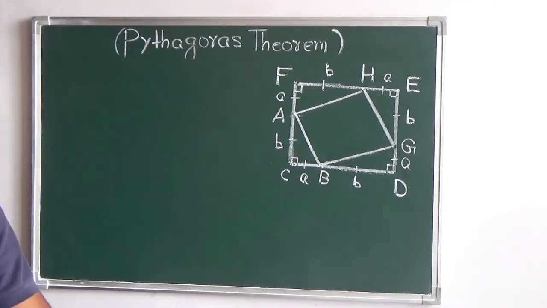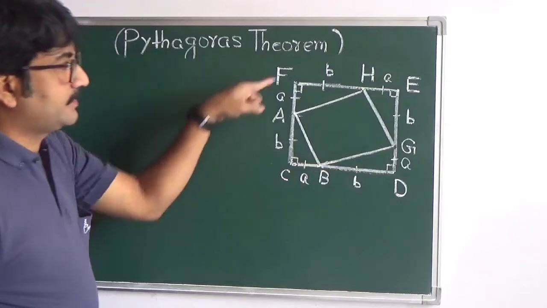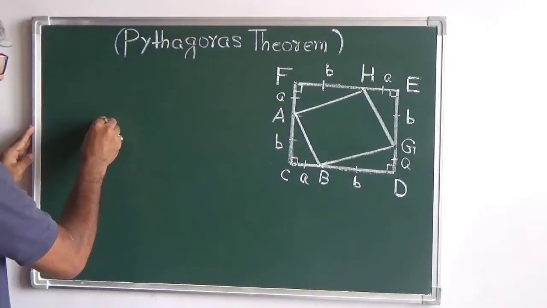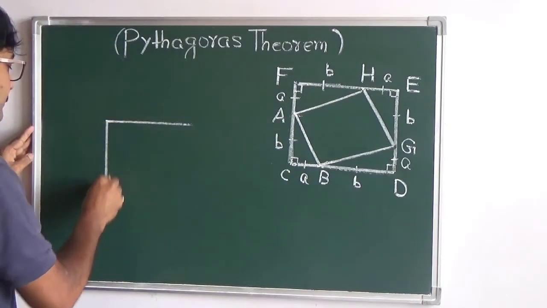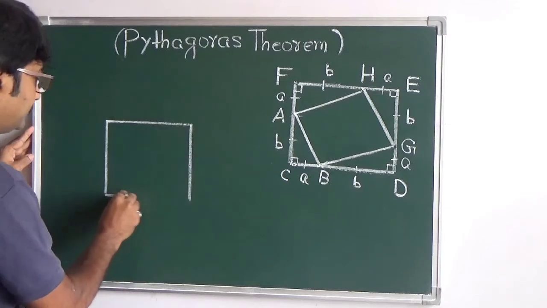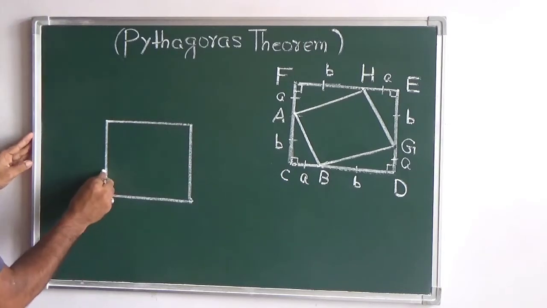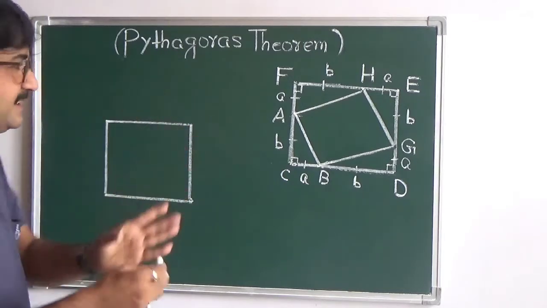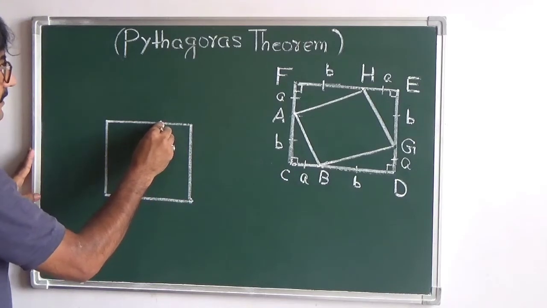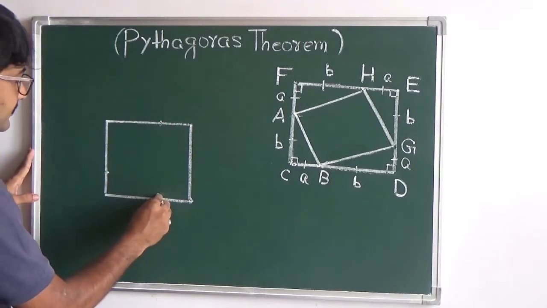Okay, now you need the diagram to be explained once again. Okay, first you draw a square. Just like this, you can follow me. This is the square. Then draw another square inside this bigger square. So, like point here.